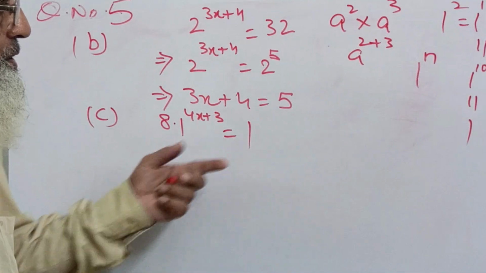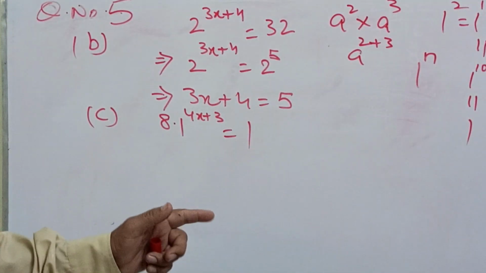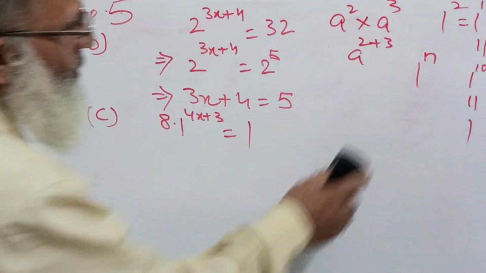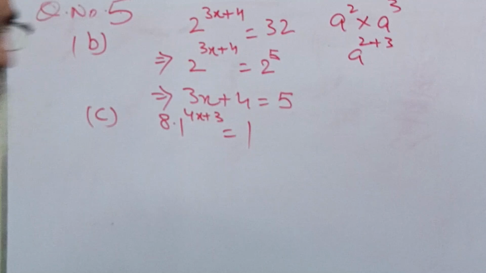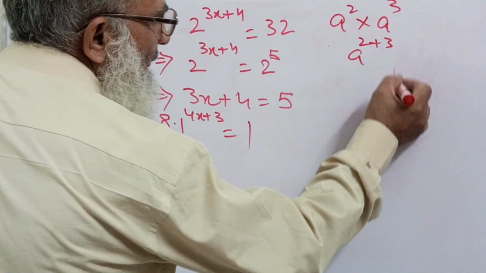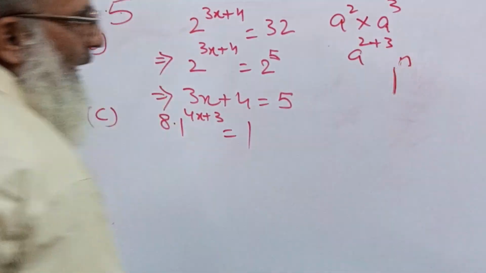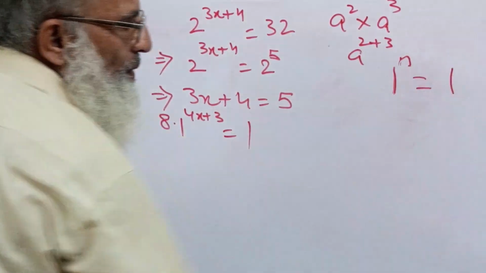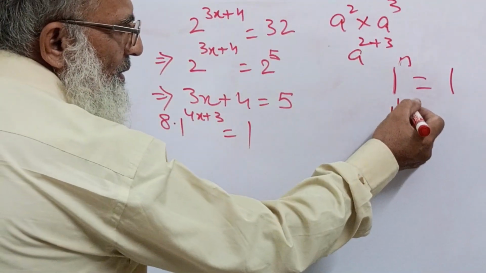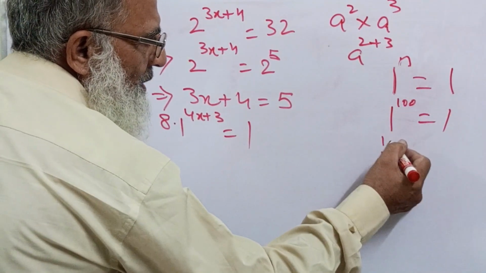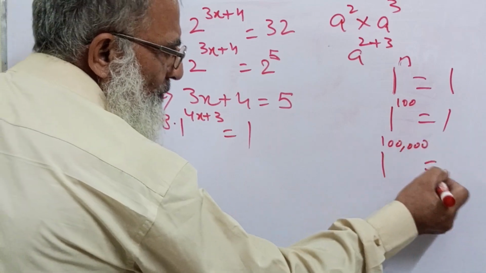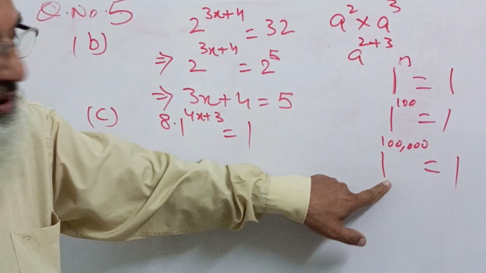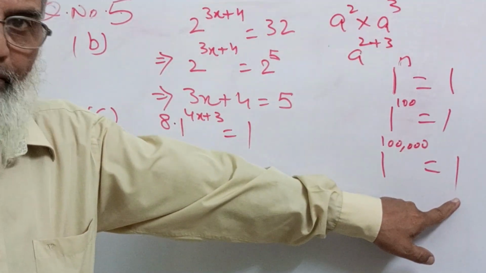When 1 is your base and you give it any power, let us say n, 1 raised to power n will be 1. Even 100,000 as the power gives 1.